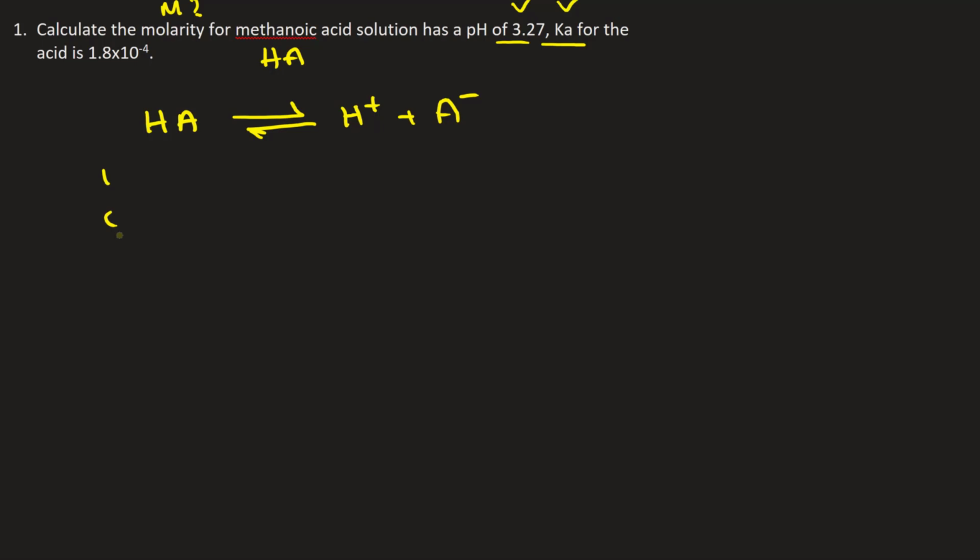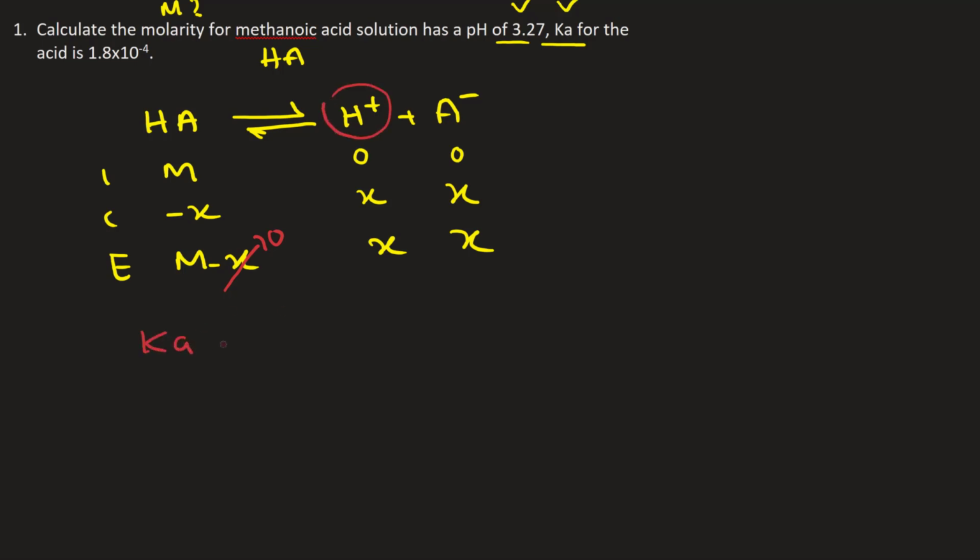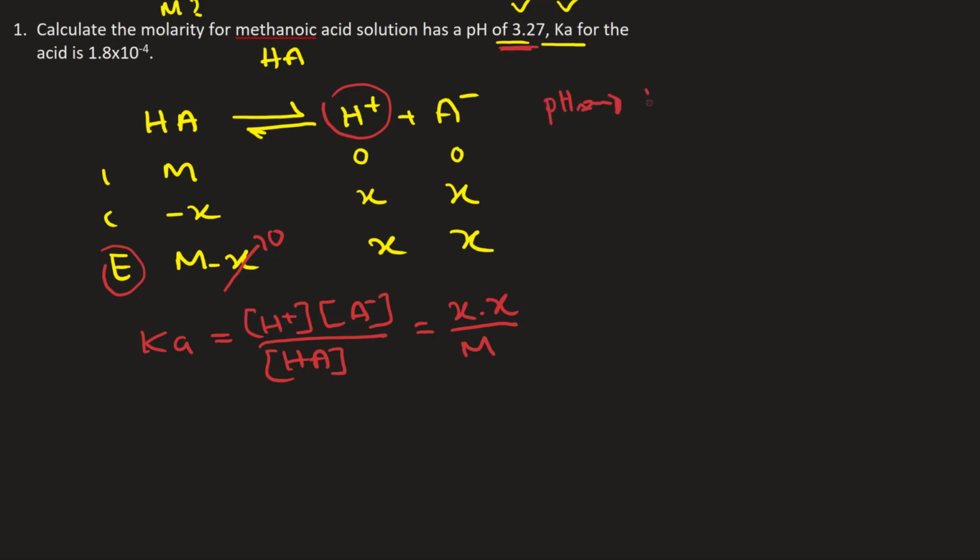So HA goes to H plus and A minus, with an ICE table. M goes to 0, 0 initially, changes are minus x, plus x, plus x, and equilibrium is M minus x, x, x, but this x is negligible. Ka is product over reactants, so you get x squared over M, with the equilibrium molarities for the products over reactants.